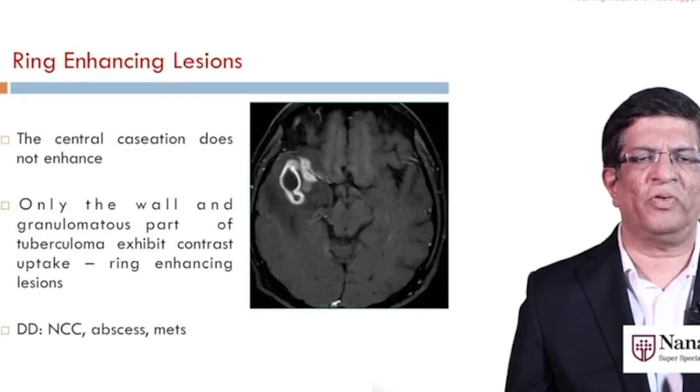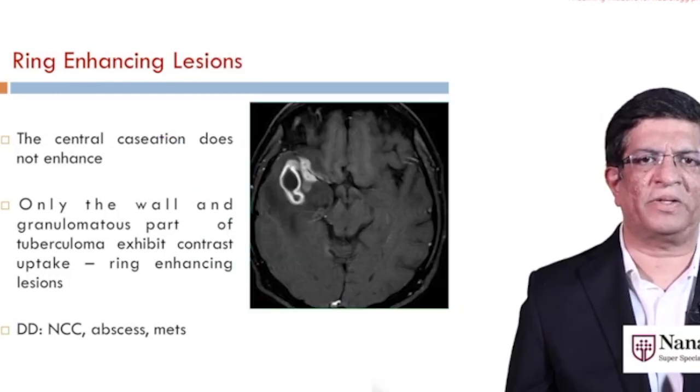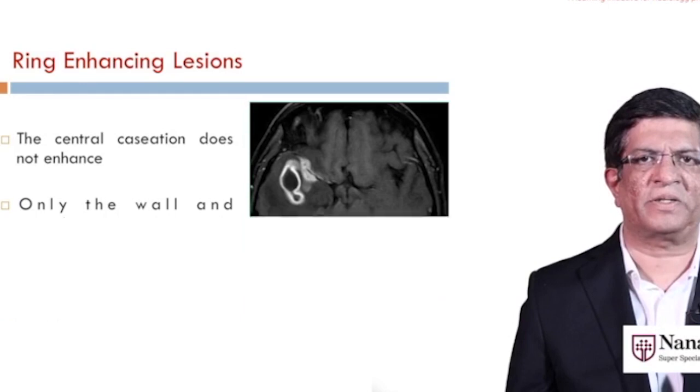More classically, you will see them as larger ring enhancing lesions with a central non-enhancing area, which indicates necrosis. The wall and granulomatous part of the tuberculoma would show contrast uptake, and hence the ring enhancing appearance. The differential diagnosis at this stage of this type of tuberculoma would be cysticercosis, abscess or metastasis.